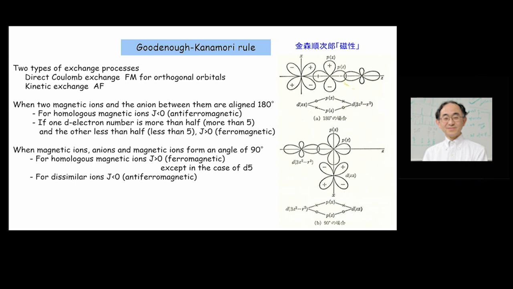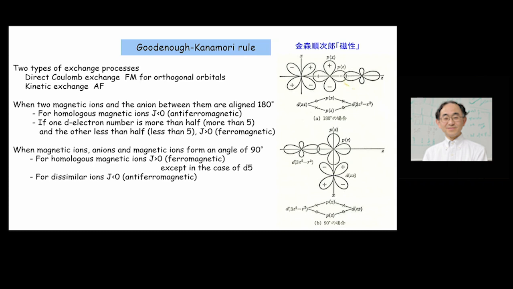Then you have many paths for exchange coupling. But here you can see that these gx orbitals and 3z square minus r square orbitals could be coupled through these p orbitals, right? But this circle means it's active, and this cross means it is forbidden.